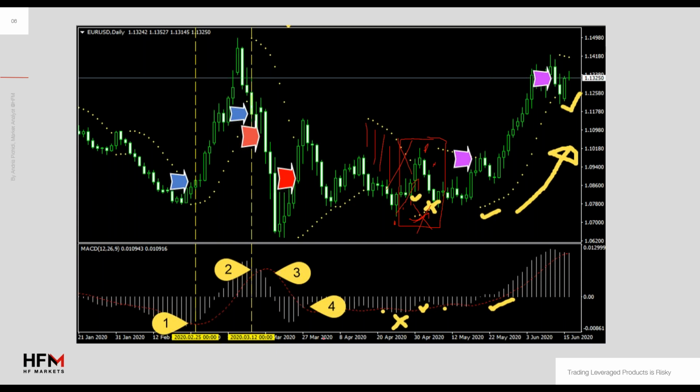So that's a misleading signal, despite the fact that the parabolic SAR over here and the MACD agree. The parabolic SAR should be on the opposite direction based on the price action. So be careful with this kind of misleading formations. Okay? Are you with me?